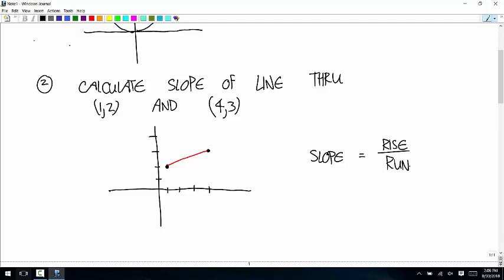That's the rise. From here to here, how far up does it go? 1. And then for the run, we want to figure out how far we go horizontally. What's that distance? 3. So the slope is 1/3.